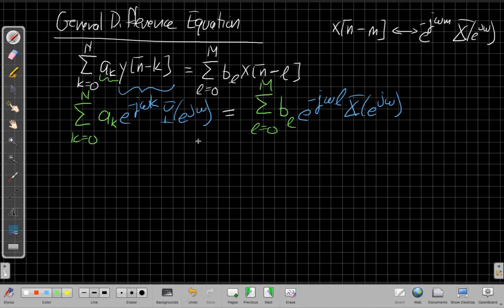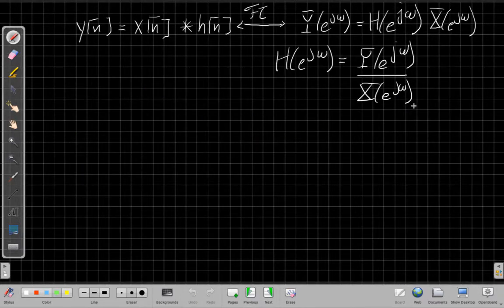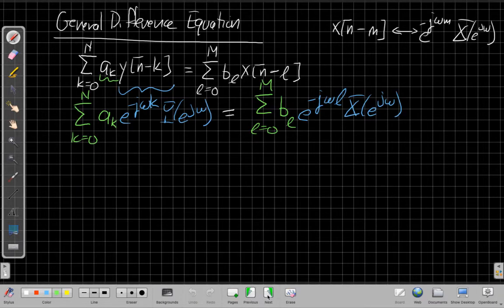Looking at this now, the next key step, remembering what I'm trying to get to, is something that looks like y of e to the j omega over x of e to the j omega. I can factor the y of e to the j omega and x of e to the j omega out front. Going back to single color, I can pull this out front because it doesn't depend on the k at all in the sum.